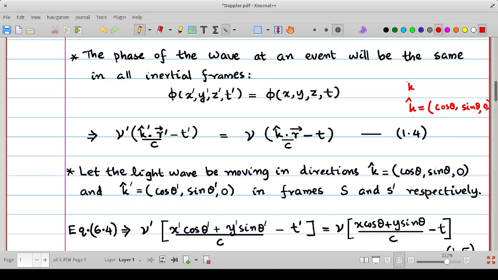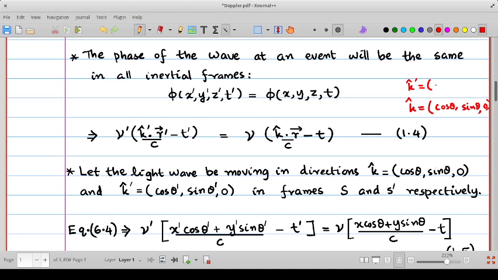Similarly, the direction of the wave vector k' in the S' frame is written in terms of its components in the following way. It makes an angle theta' with the x' axis, and therefore the x' component would be its magnitude times cosine of theta'.